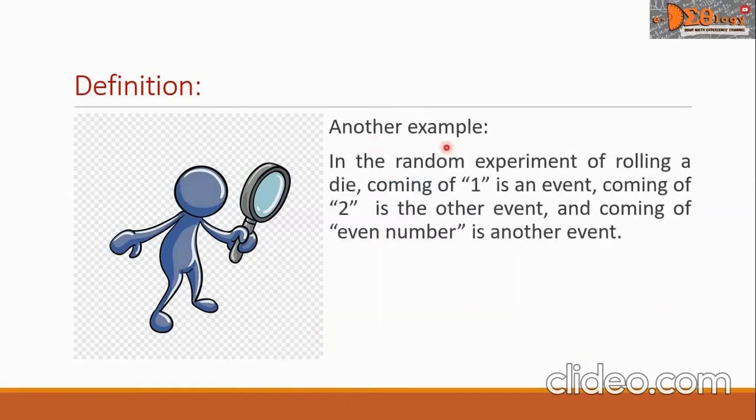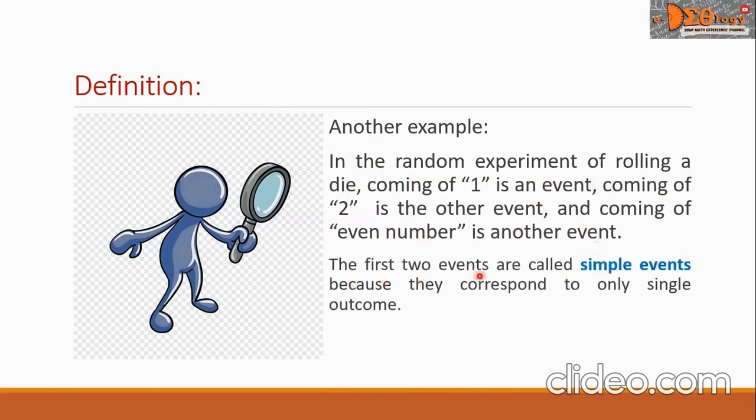Another example, in the random experiment of rolling a die, coming of 1 is an event. Coming of 2 is the other event. And coming of an even number is another event.